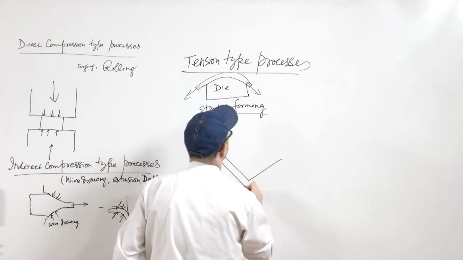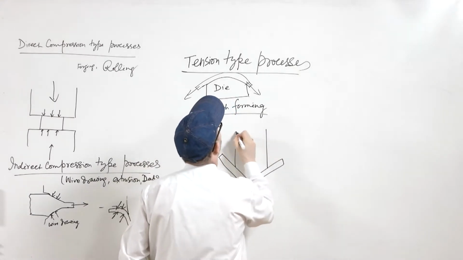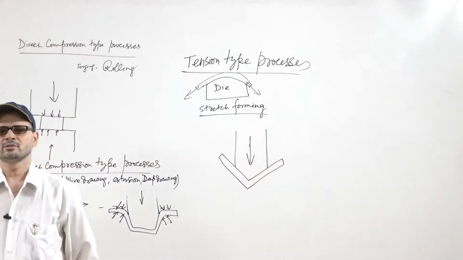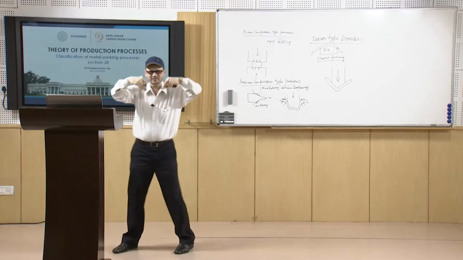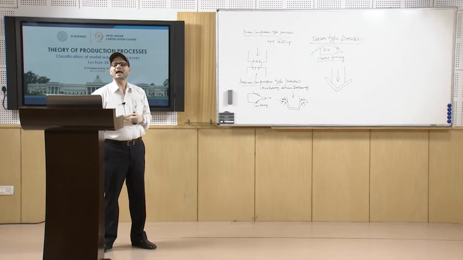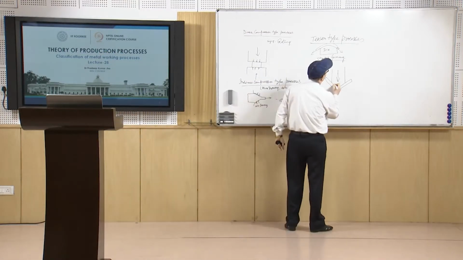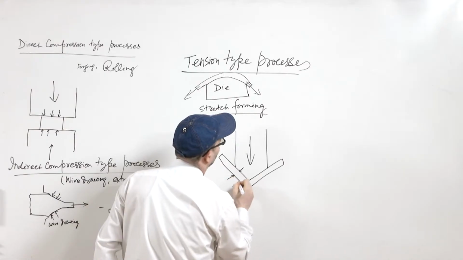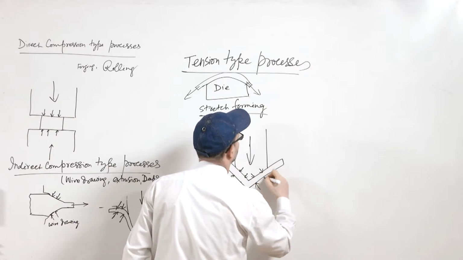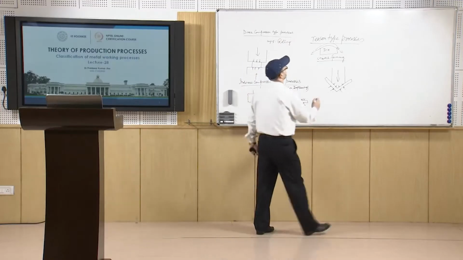Before that you have a tool, and this tool has such a shape, and it applies the pressure in this direction. Once it applies the pressure in this direction, you see that you have the forces or stresses acting, and under the action of these stresses it will do like this, and then you will get to see that it takes this form. So this is the application of the bending process.